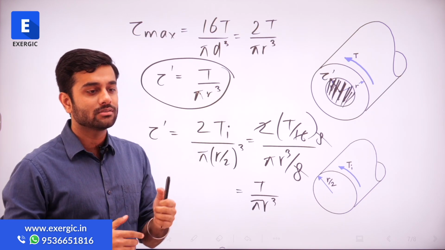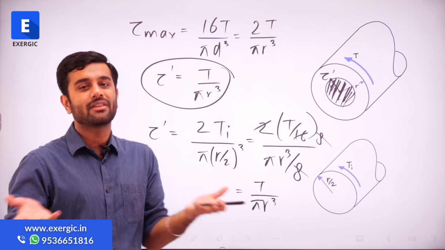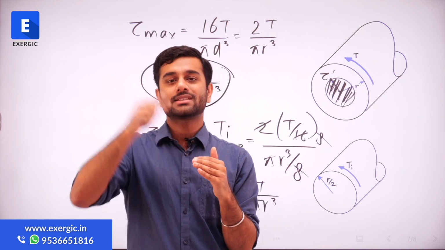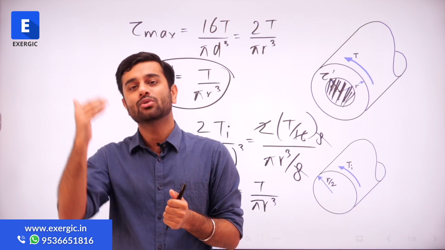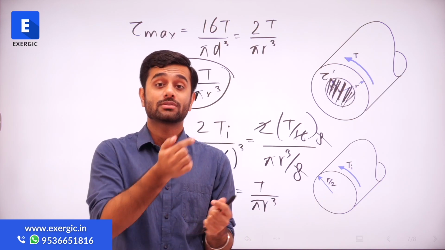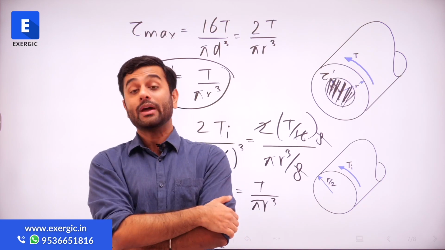Obviously, it is not the preferred way or easier way. Easier way is that find out the maximum value of torque and, since the variation is linear, just divide it with 2, with 1 by 3, depending upon where is the point, right? I am not asking to use this method to find out the torque value.